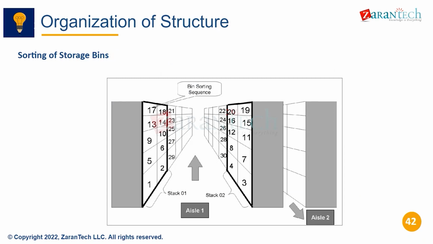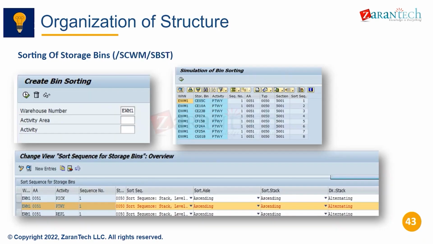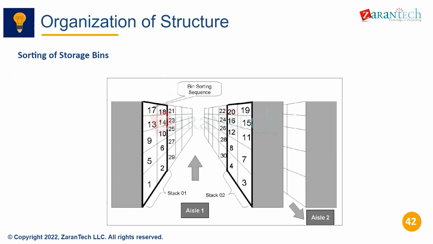And you'll face most of the problems in the system if you don't have the bin sortings. Generally functional people forget it, or they find it complex to define the sortings. Then it will not determine the stocks in the proper way, and they will get a lot of errors.